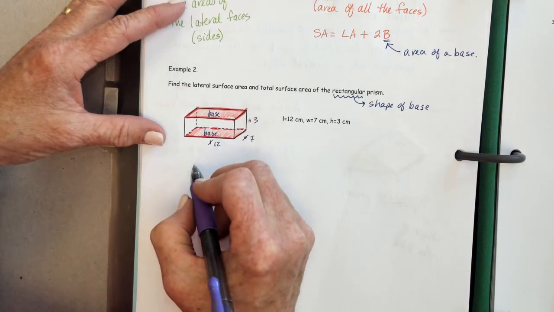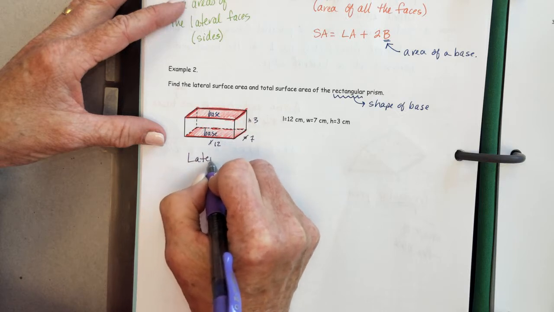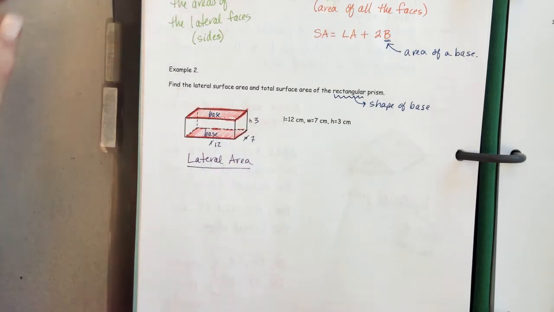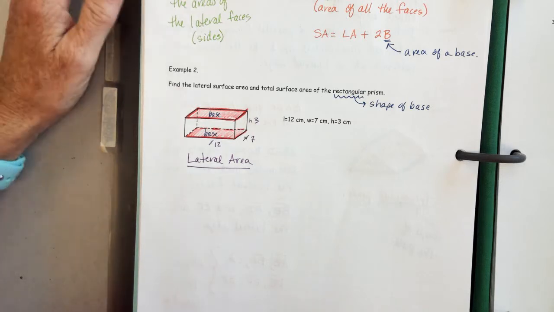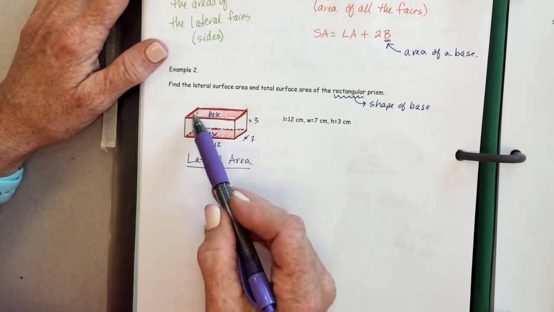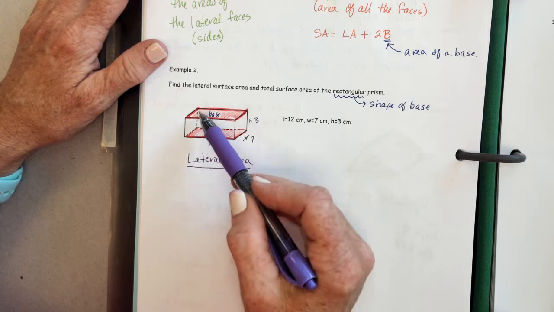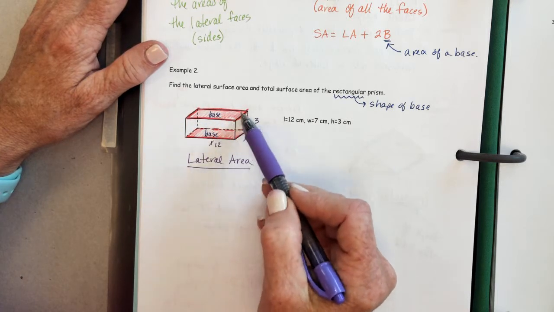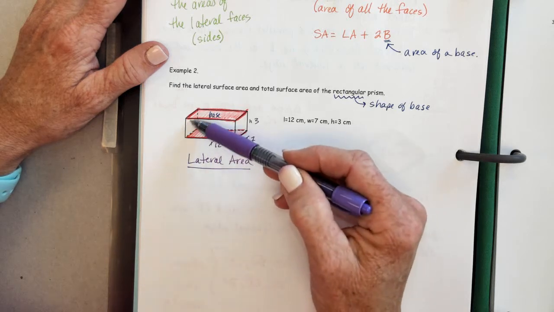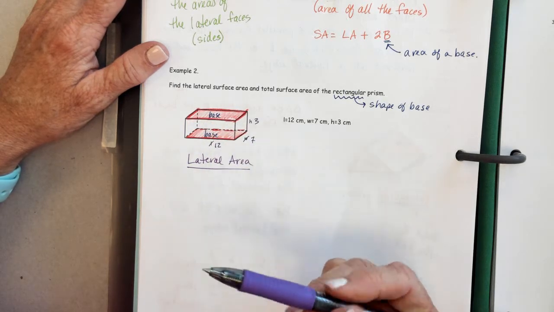All right, to find the lateral area, let's think about the area of the 4 sides, or the 4 lateral faces. We have this left side, the back, this right side over here, and then the front, which is right there.